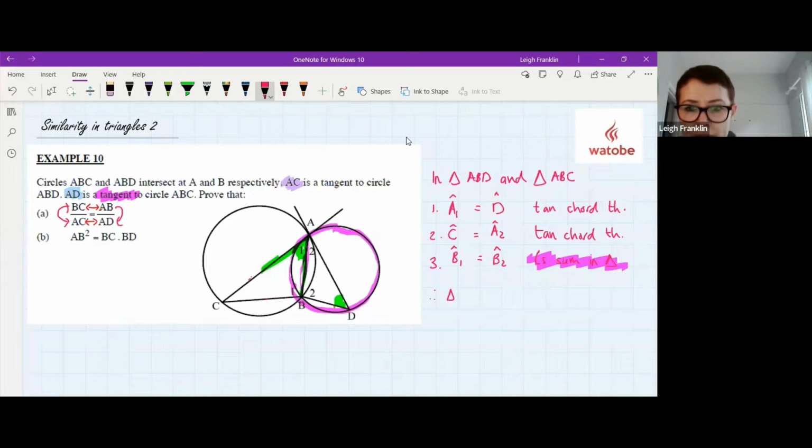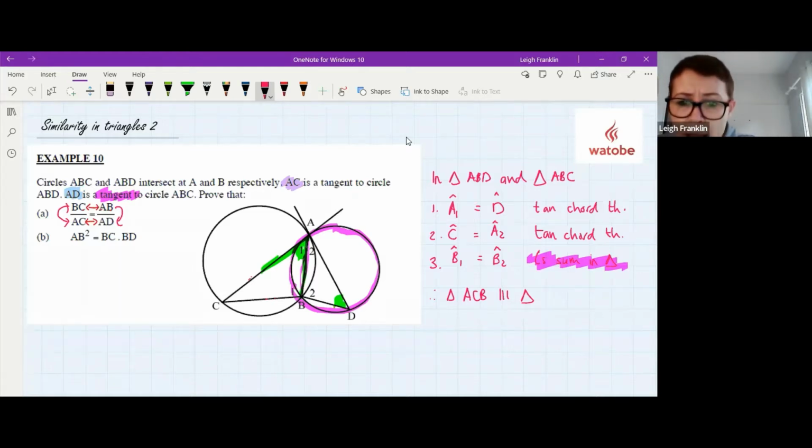So on the left here, this is where we've got triangle ABC. So if I write here triangle ACB is similar to... Now the order is very important, I cannot stress this enough. The angles have to match and the sides have to correspond.